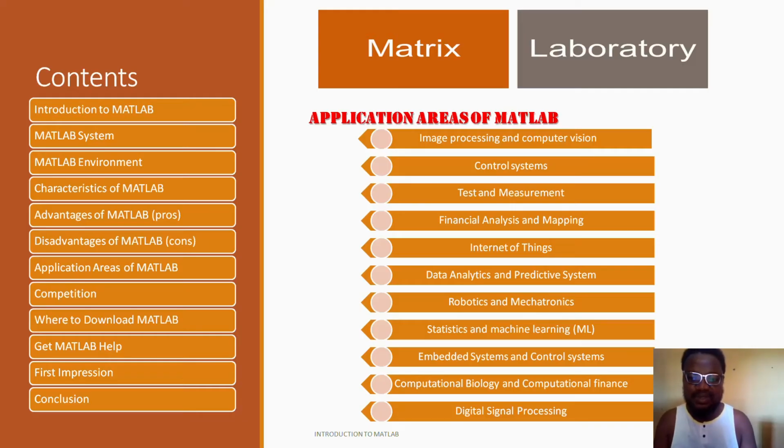The first one is image processing and computer vision. This entails the processing of raw images and getting them ready for other tasks such as computer vision.